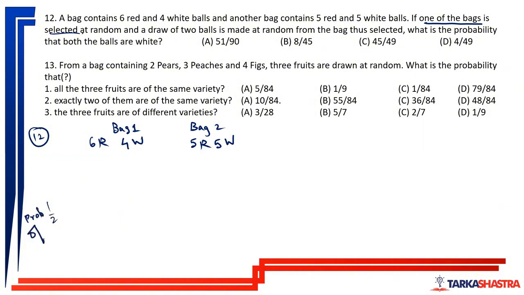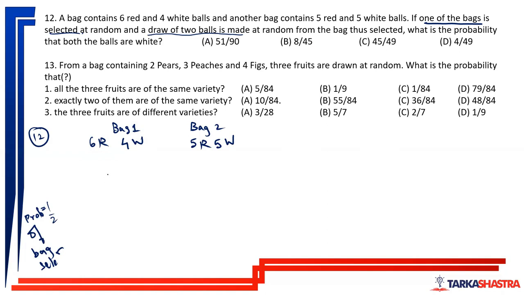Probability of bag selection is 1 by 2. And at random, a draw of 2 balls is made from the bag thus selected. What is the probability that both the balls are white?